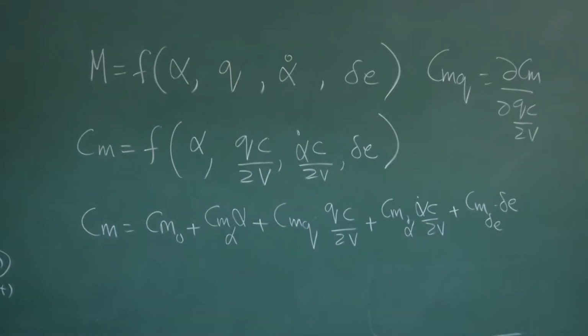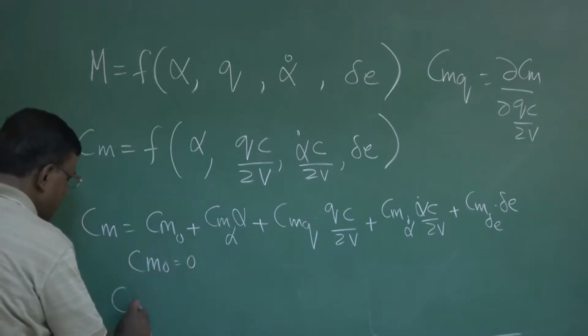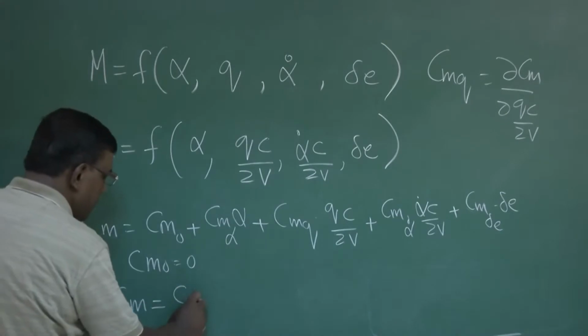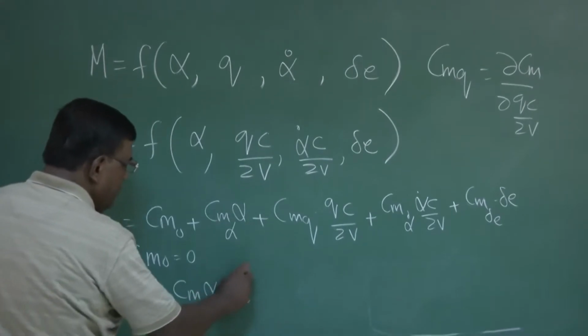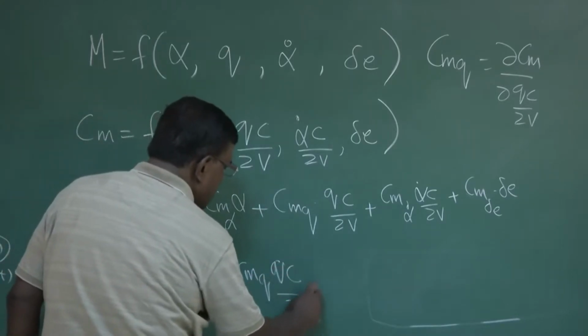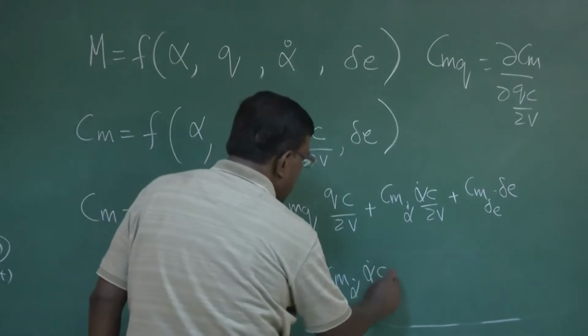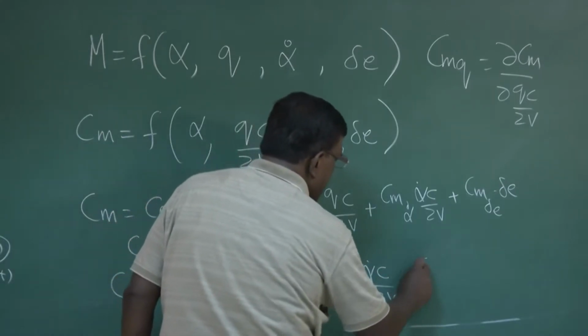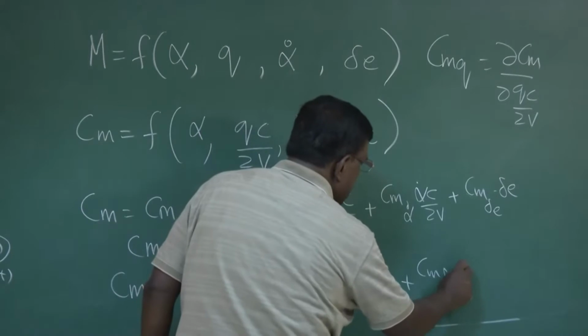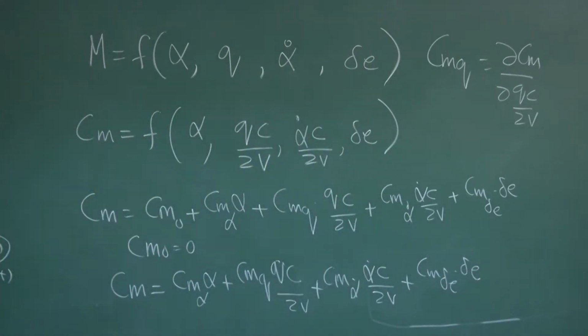Let us take a simplified case where I put Cm not equal to 0. Then Cm will be equal to Cm alpha into alpha plus Cmq into Qc by 2v plus Cm alpha dot into alpha dot c by 2v plus Cm delta E into delta E. Once I put Cm not equal to 0, come back here.